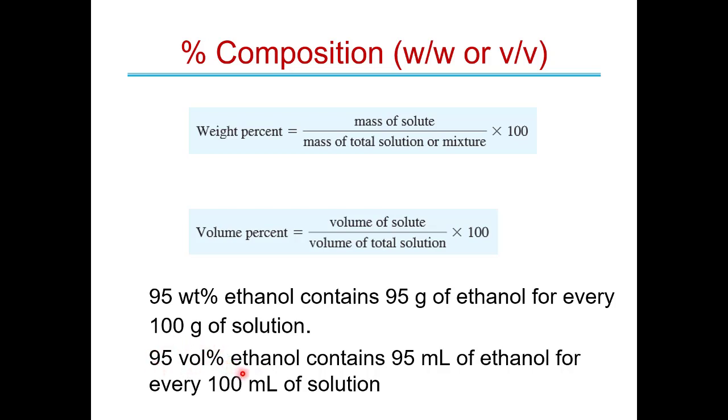So 120 proof alcohol is going to be 60% by volume ethanol. If you have 100 milliliters of that alcohol, then 60 milliliters of that sample is actually the ethanol. So that's a bit about weight percent and volume percent and how we calculate them. Again, it's just a ratio of part to whole, and then we convert those into percentages.